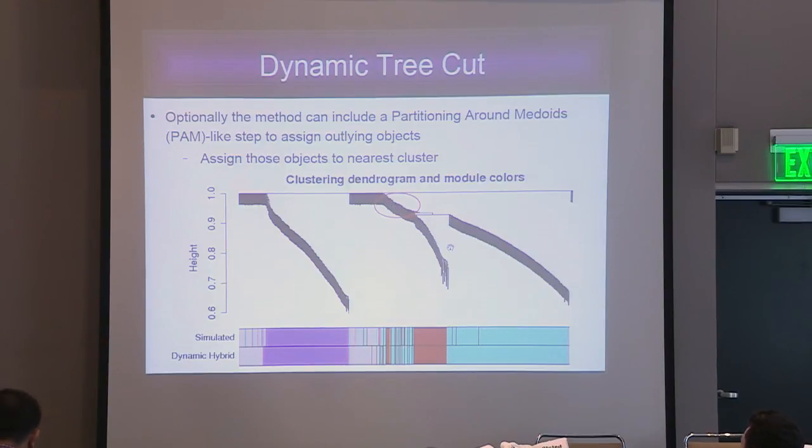So to assign them, we just look for the closest cluster, and this is similar to what partitioning around medoids does, and that's why we call this step of assigning each object to its nearest cluster the partitioning around medoid step, or PAM-like step.